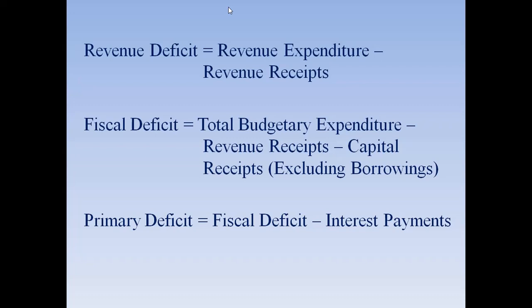Fiscal deficit shows the government's total expenditure is more than the total income, excluding the borrowings, because borrowings create liability. And primary deficit shows you the government's current availability of the finance, which equals fiscal deficit minus interest payments.